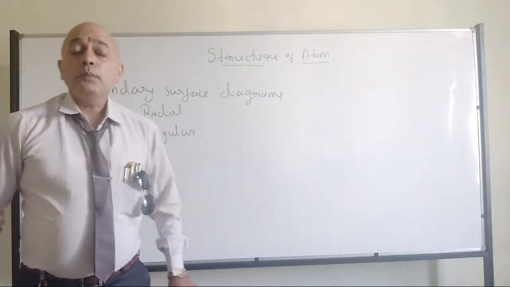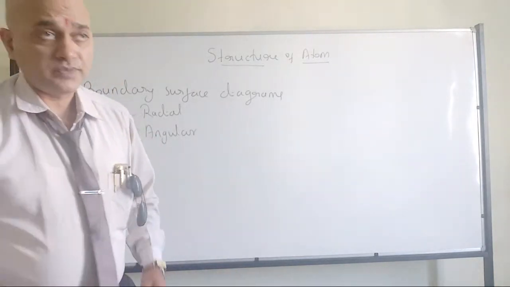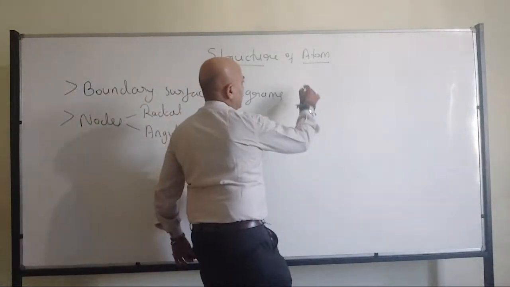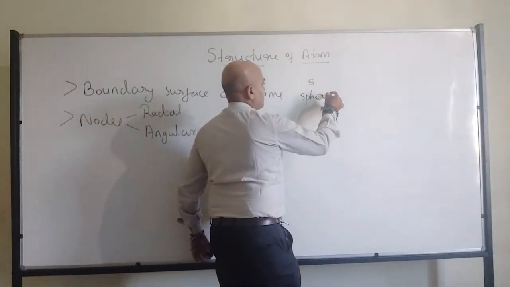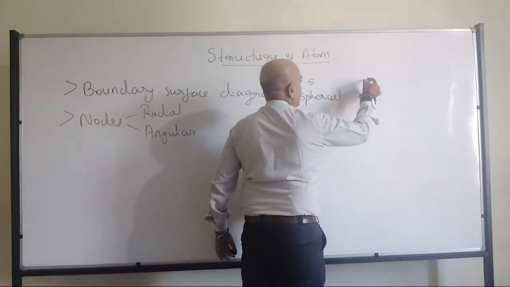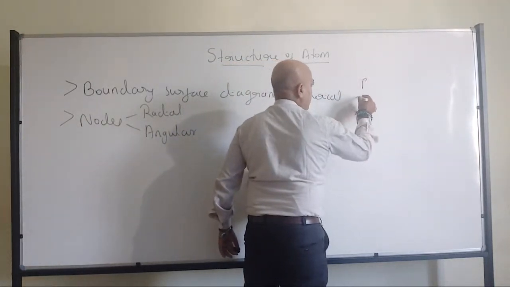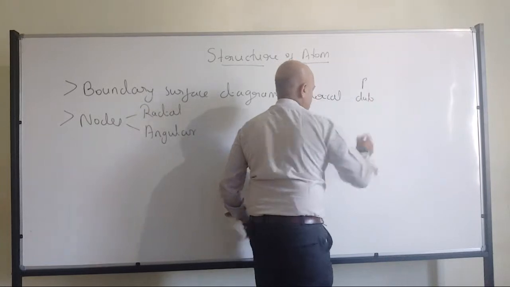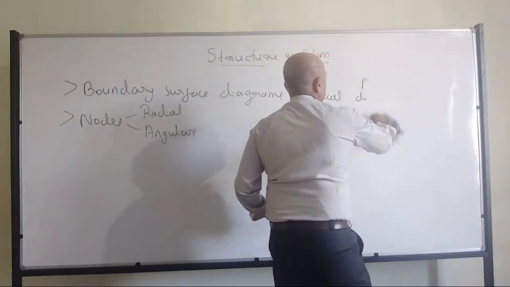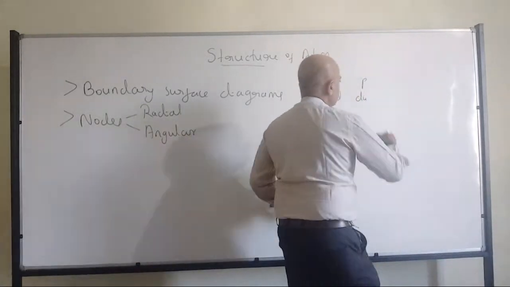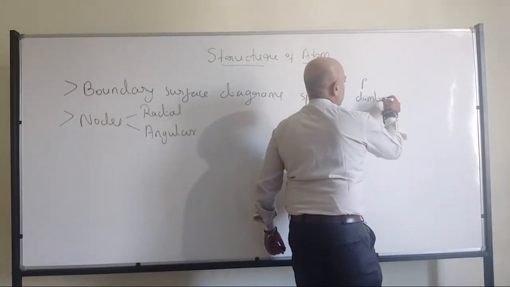For example, if I take s, it will have a spherical shape, right? If I take p, it will have a dumbbell shape.